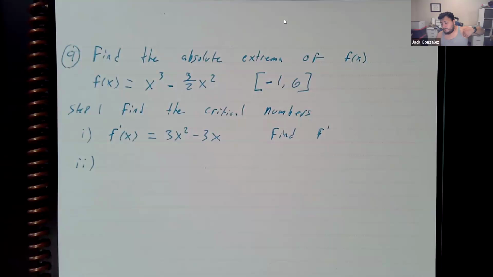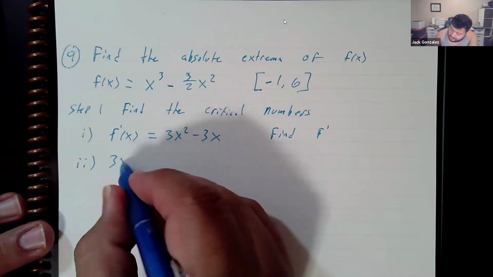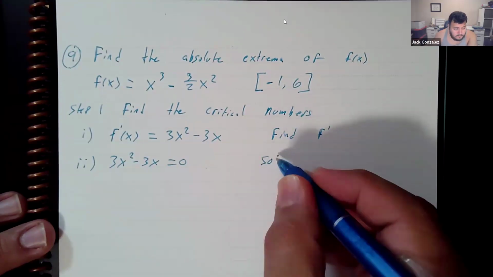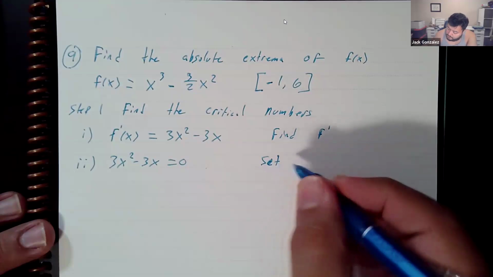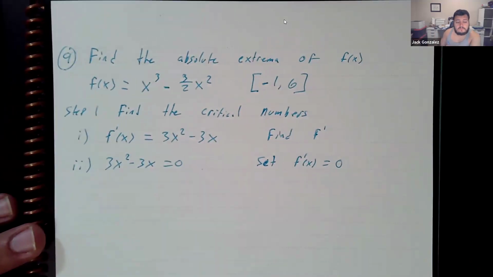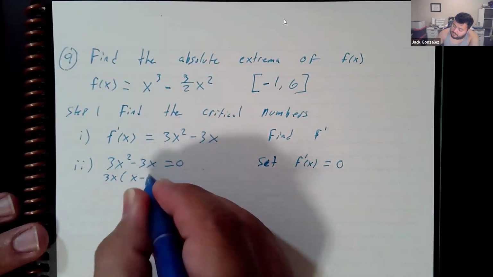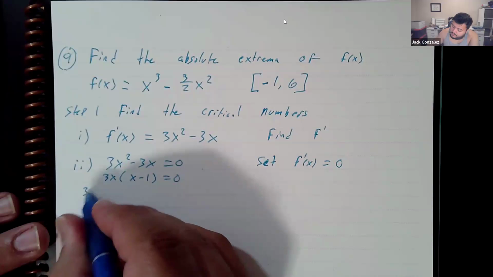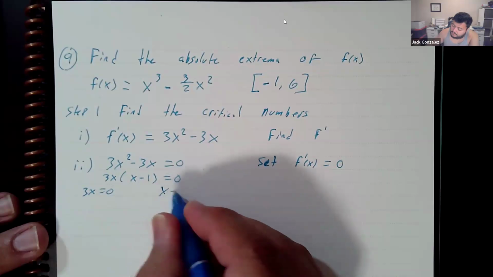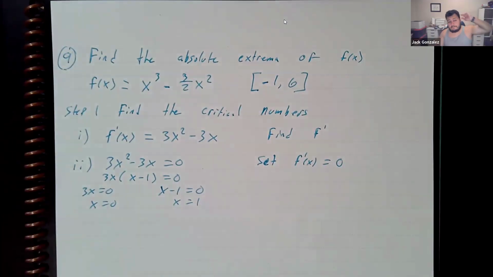Second part of step 1. Set this to 0. That's what we said last time. Solve for x and we get 3x is equal to 0, x minus 1 is equal to 0, giving us two critical numbers.